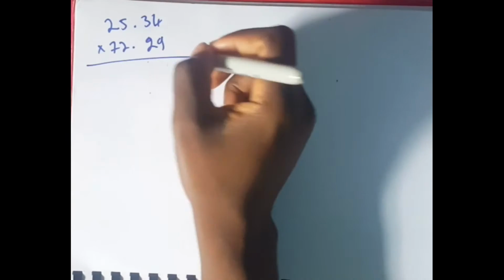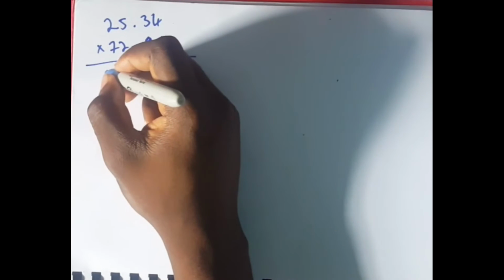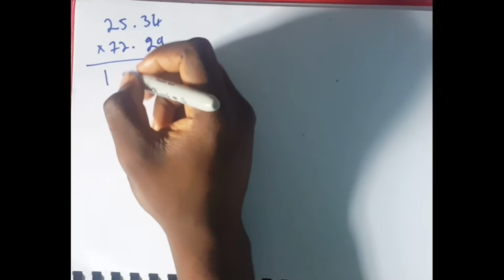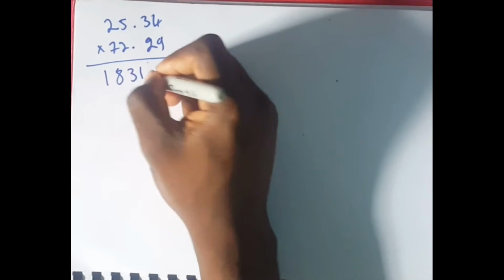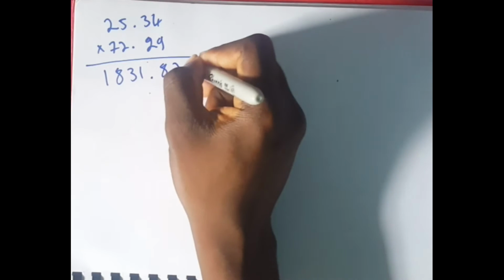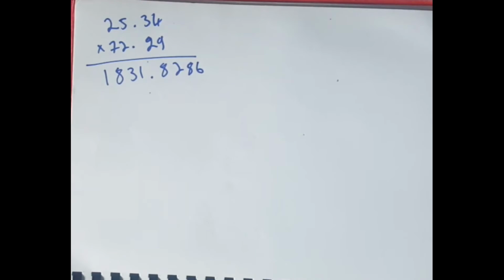Now say I was given 25.34 to be multiplied by 72.29. If I plug this in a calculator, I would get 1831.8286 for my answer.